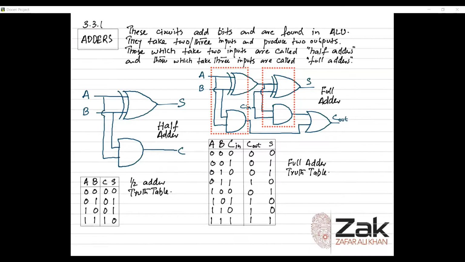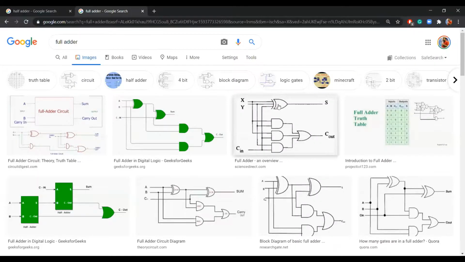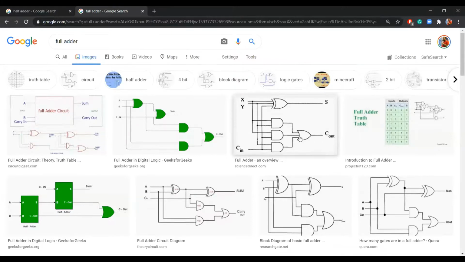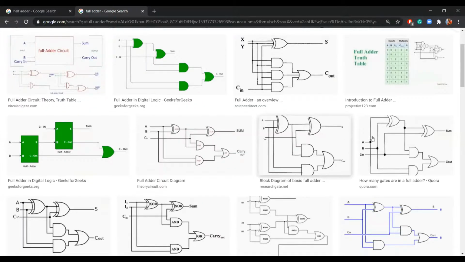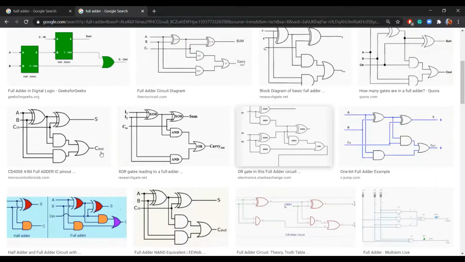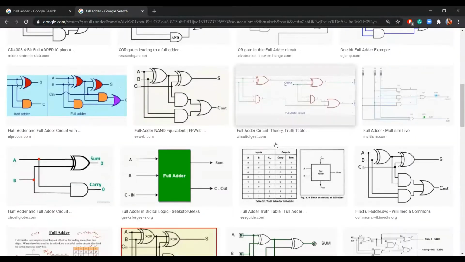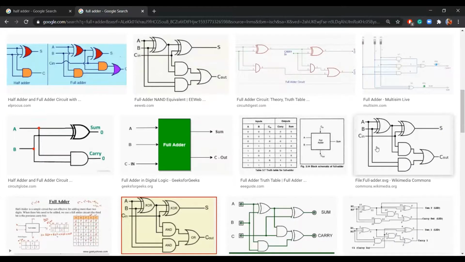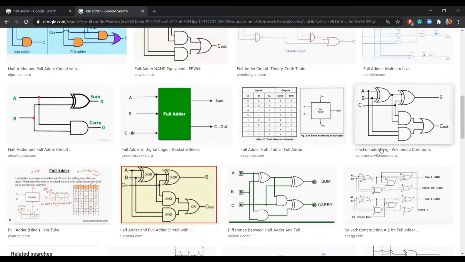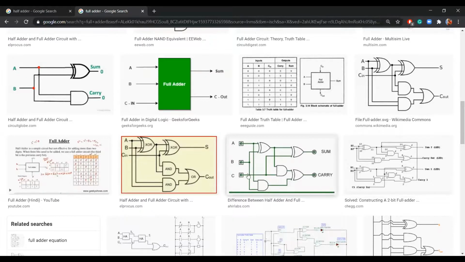Okay, this one is different. This one has got 3 inputs and there are 3 AND gates and 1 OR gate. Then this one is different, and then we have got a different one over here as well. This one is the same, but different.